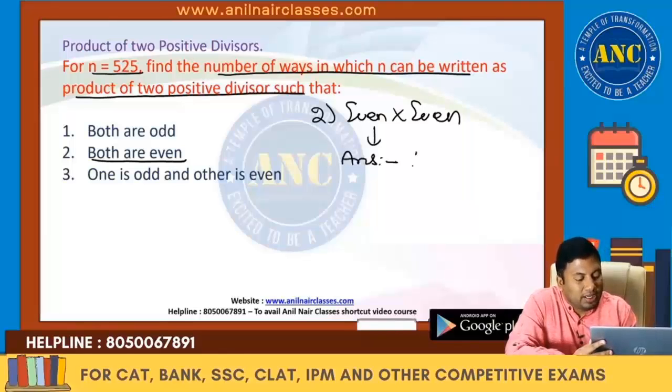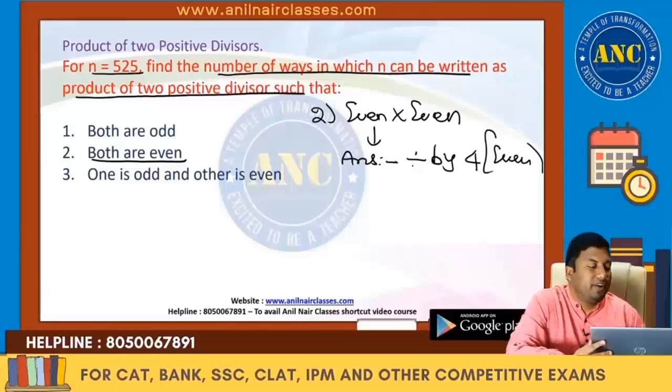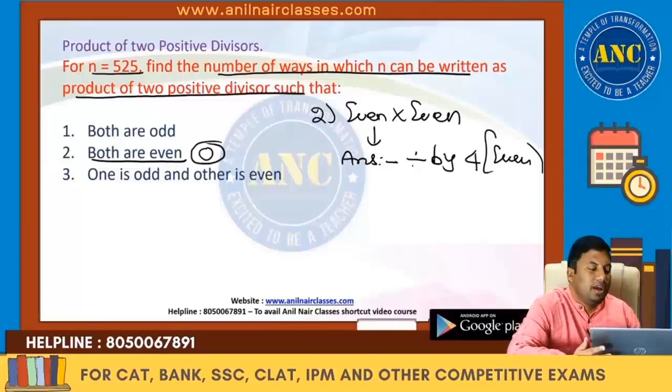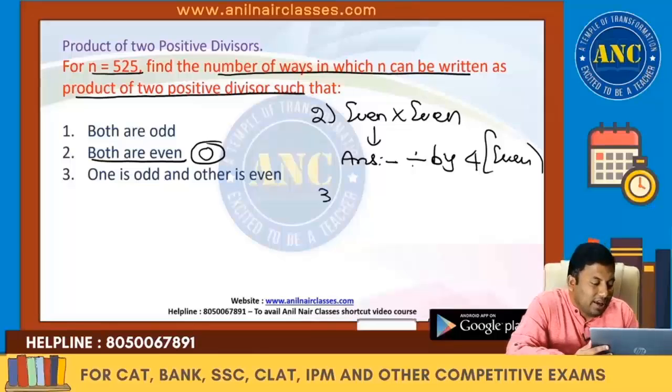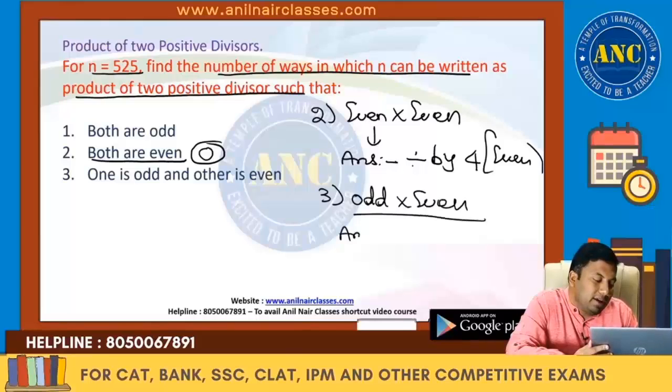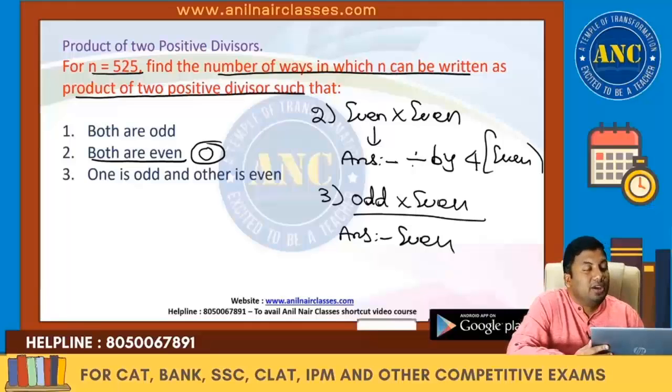In this case particularly it is divisible by 4 and it is an even number, but 525 is an odd number, so answer is 0. Third case it is odd into an even number. Any number multiplied by an even number, answer will be an even number. But the right hand side value is 525. Again the third case, answer is 0.